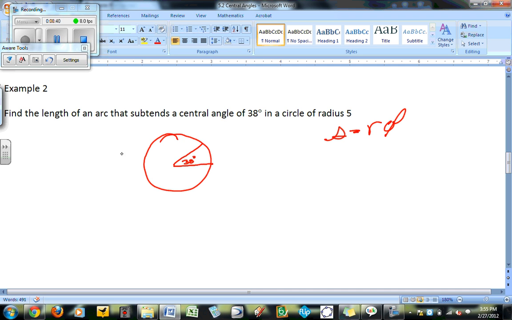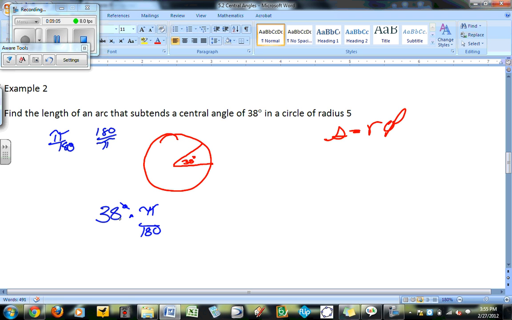We're given degrees, so the first thing we have to do is convert degrees to radians. So 38 degrees, and my conversion chart says I need to choose either pi over 180 or 180 over pi. We need to get to radians, so we need the degrees to cancel out, so we need degrees on the bottom. So pi over 180, and now my degrees cancel out.